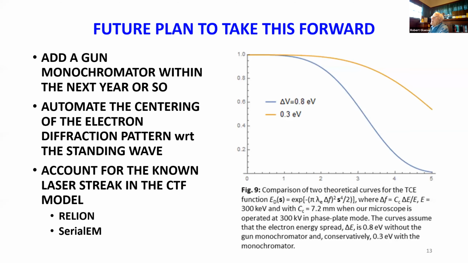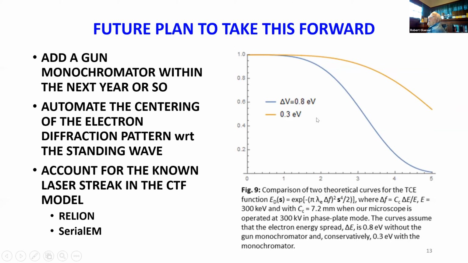The right-hand slide, which I should have mentioned previously, compares the temporal coherence envelope function and how it falls off. If we were to use a gun monochromator, currently we believe the energy spread is probably 0.8 of an eV, and so the envelope function rolls off, as I showed previously.